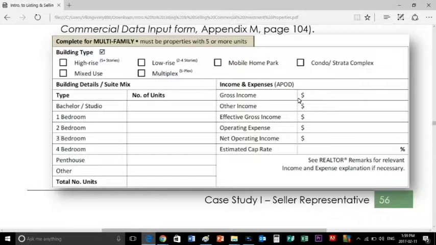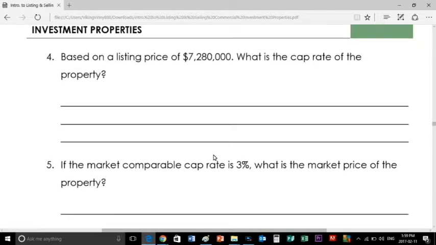Income and expenses, APOD, we have the gross income, you write it there. Other, effective gross, operating expense, the net operating income, and the estimated cap rate. See Realtor remarks for relevant income and expense explanation if necessary.